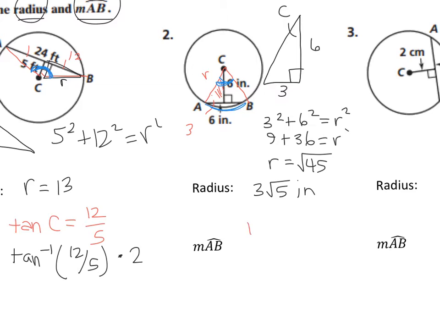So I do the tangent of C is 3 over 6, opposite over adjacent. So then to find that angle measure, I'm going to do the tangent inverse of 3/6. And remember, you're going to have to multiply it by 2 to get the angle measure because this is just half of it, so you multiply it by 2.